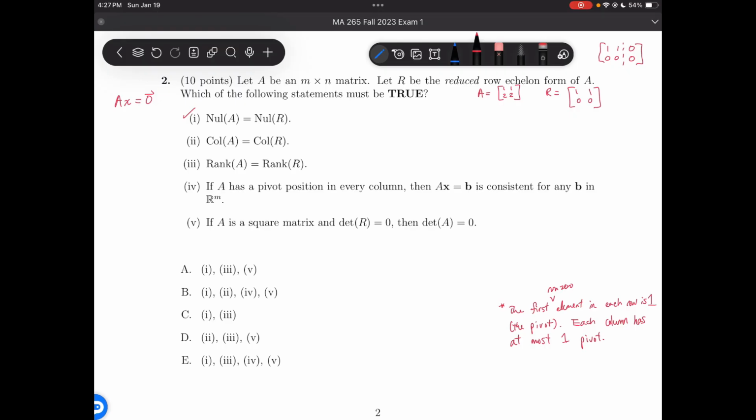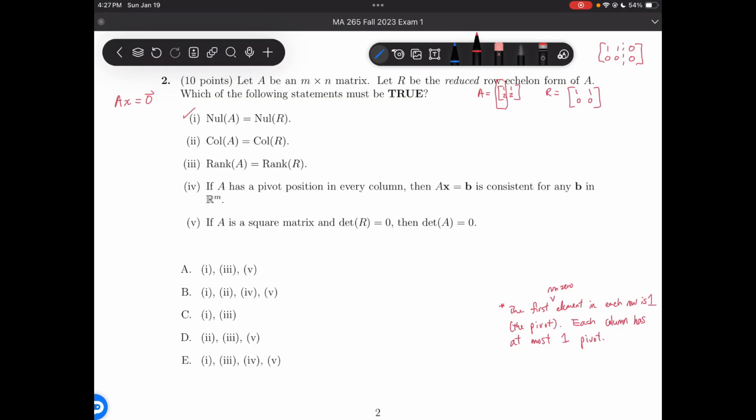So in this case, the column with a pivot is the first column, and the corresponding column in A gives us the column space. In this case, we only have one pivot, but if there were multiple pivots, it would be all of those corresponding columns. So the column space of A is 1, 2.